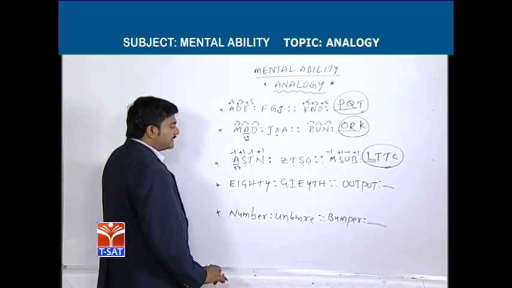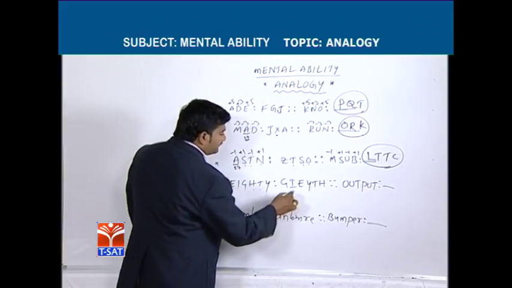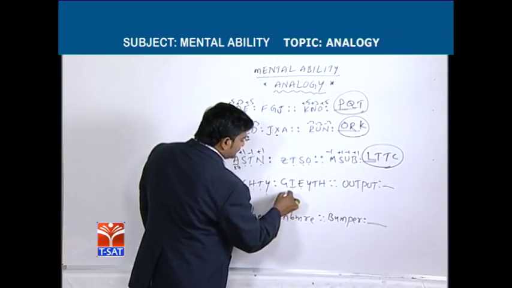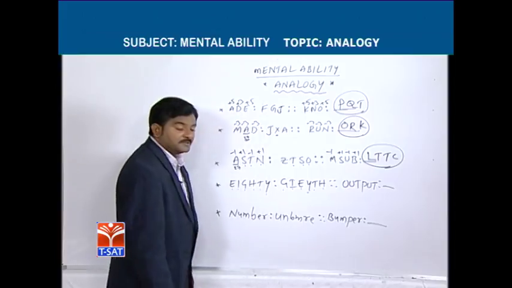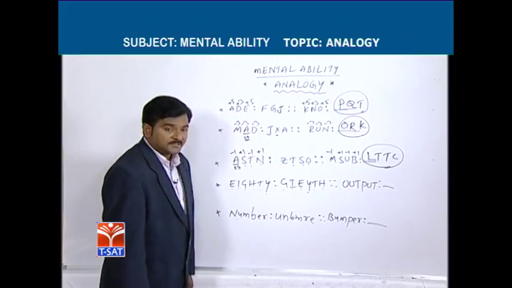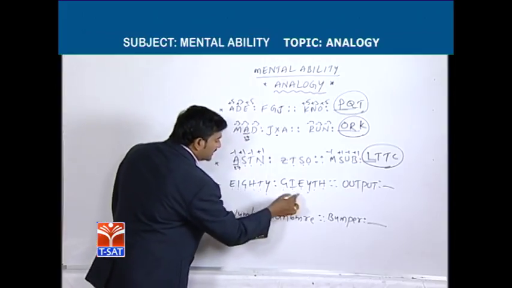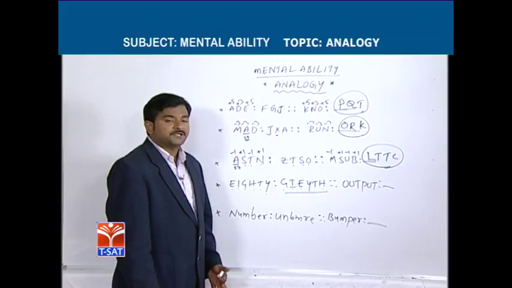This one thing is very clear. What does it mean? EIGHTY. 80 is having 6 letters. The same letters are appearing here also, but they are written in a different order.